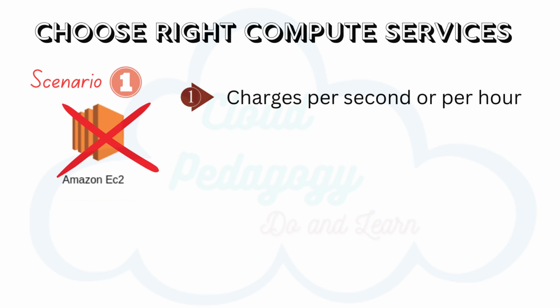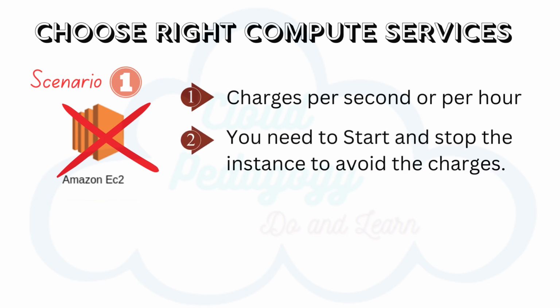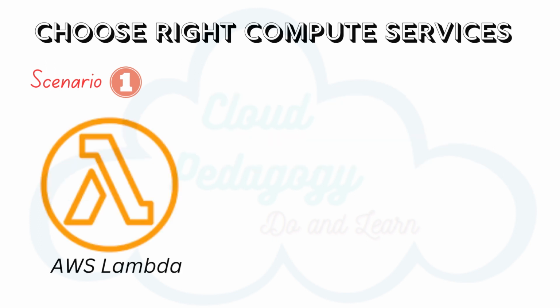I would be spending money on a resource I rarely use. It certainly would work, but it may not be the best fit for this use case. I could automate the process of starting and stopping the instance when needed. But instead, what about using AWS Lambda?